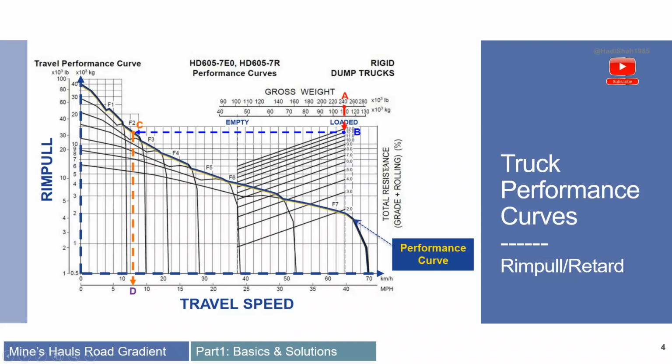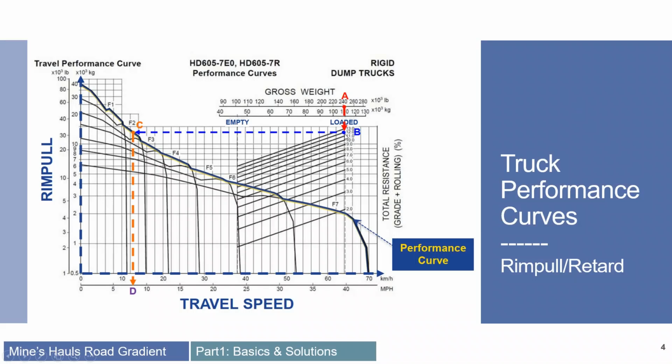The total resistance, total gradability, should be taken into consideration, that is the sum of slope grade and the rolling resistance. The rolling resistance is a function of tire and road surface, which is measured in percent as well.